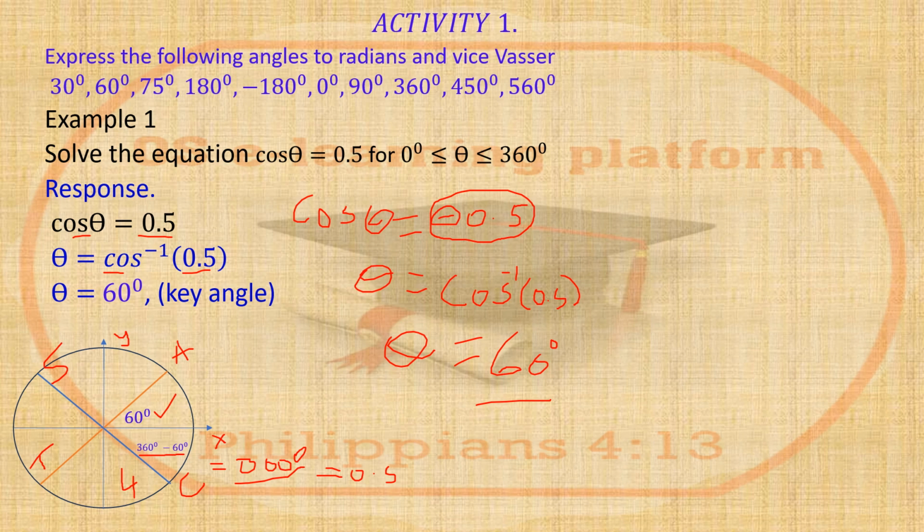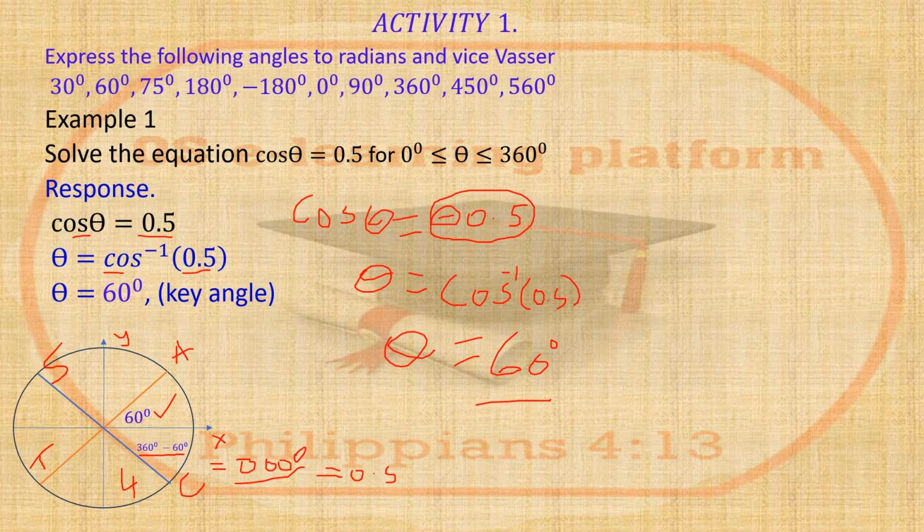The question is, when do we record this key angle? One, when the key angle is a result of taking the cos inverse, sine inverse, or tan inverse of what was originally positive, we consider the key angle. Are we together?